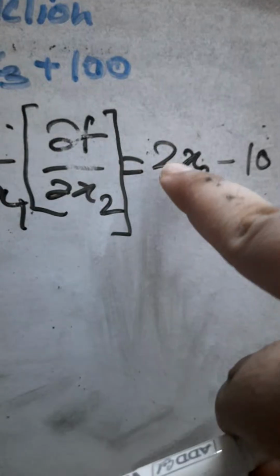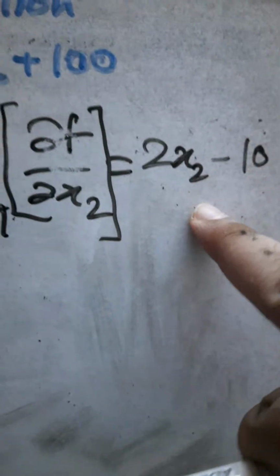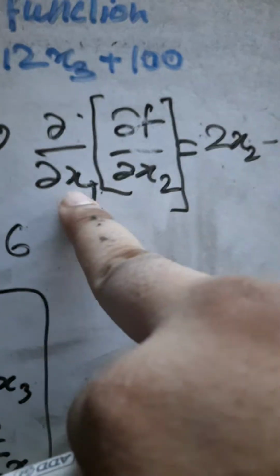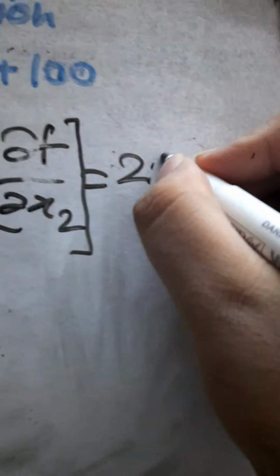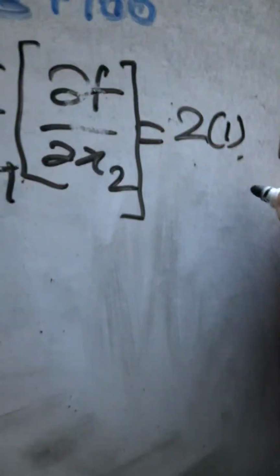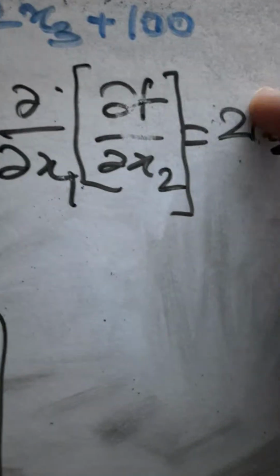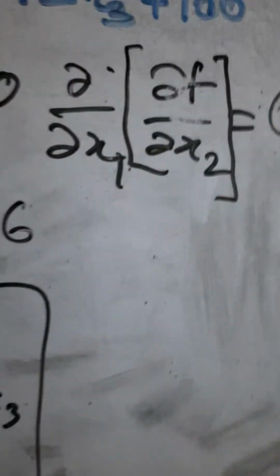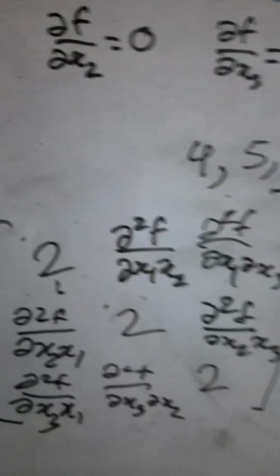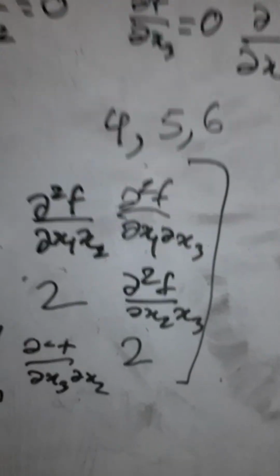So this is constant, 2 into any constant is constant, x2 here is constant because with respect to x1 we are differentiating. So this would become 2x2 minus 10, these are constants, so they would be erased, all will become 0. 0 plus 0 is 0, so they won't survive because there are no different variables multiplied.